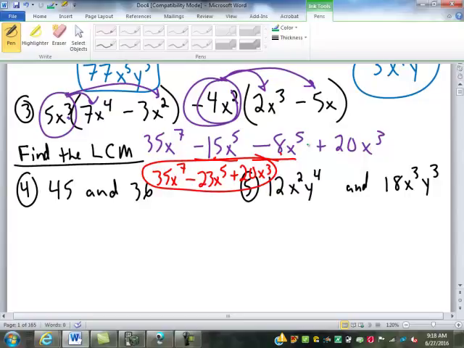So like multiples of 45 would be 45, 90, 135, 180, and so on. So let's see what we come up with. We could just make those lists like I just said and see what the smallest one is that matches up, or we can factor.